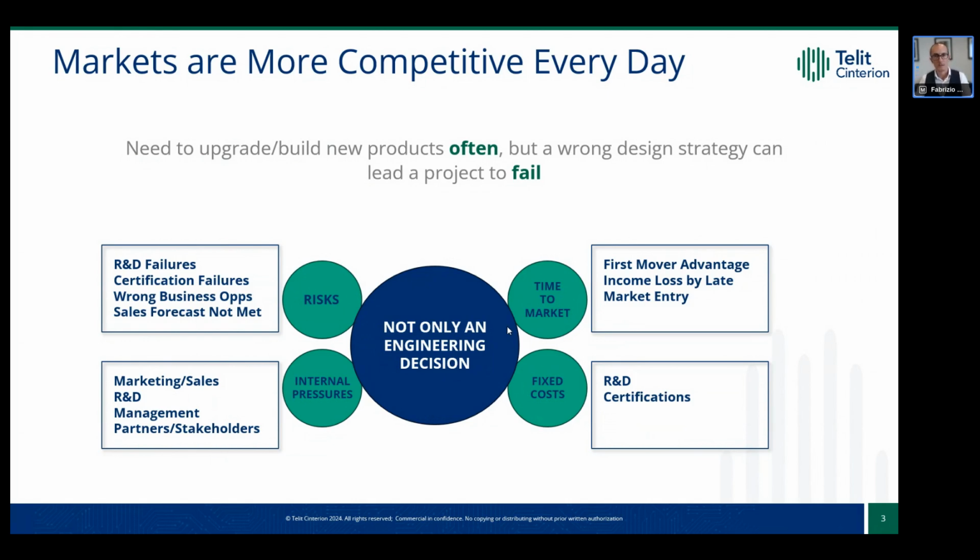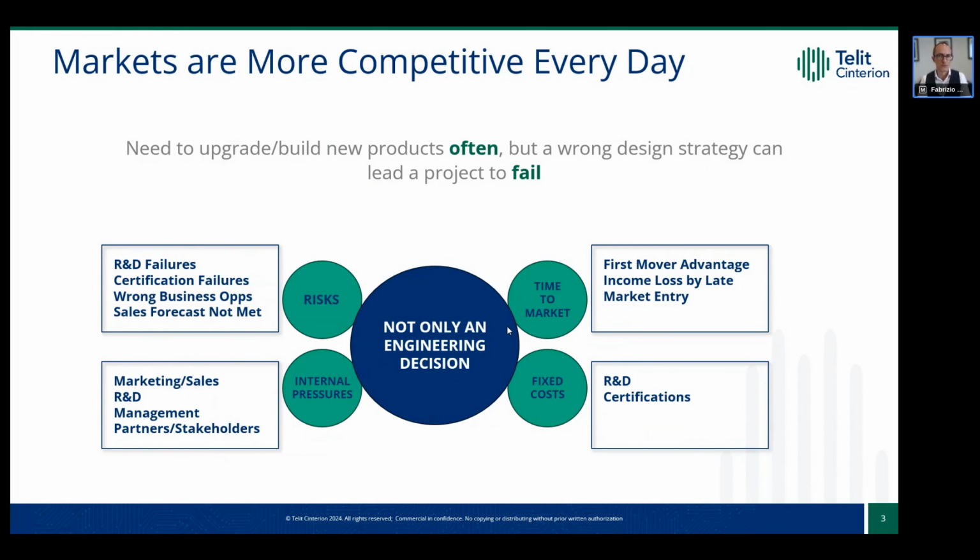Speaking about risks, there are several points where your design can fail. You can have failures in R&D activities. You can have failure in certification activity, as I already said. But also you can fail in your sales forecast that are quite important in choosing the right design strategy, as I'm going to show you in the next slide.